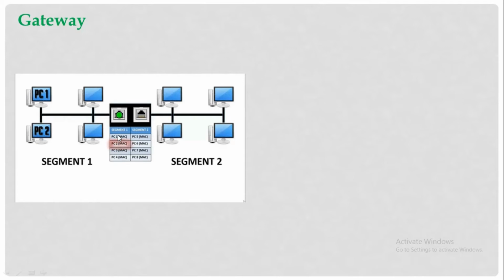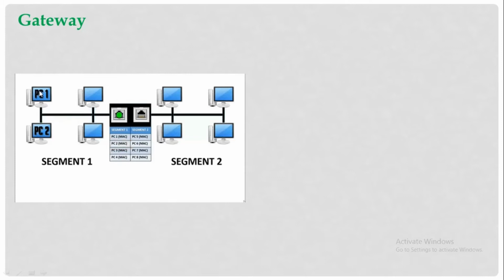But here the gateway is an intelligent device. So what do you mean by an intelligent device? When data is transmitted from PC1 to PC2, the packet contains a header. In that header, there will be an address of the destination.